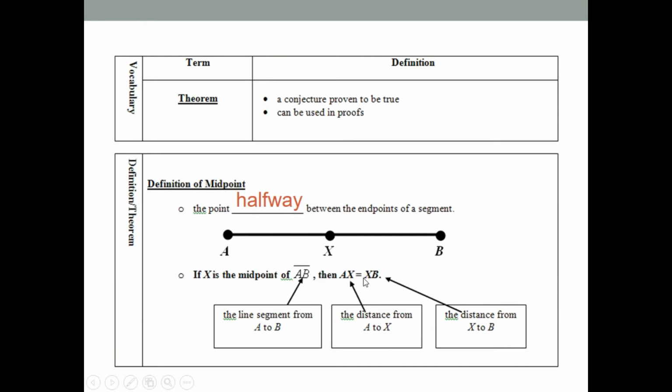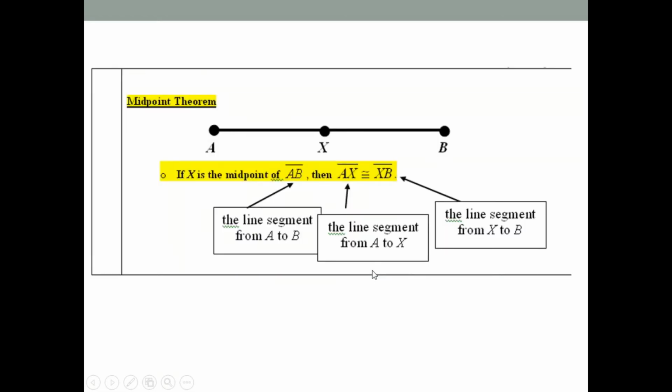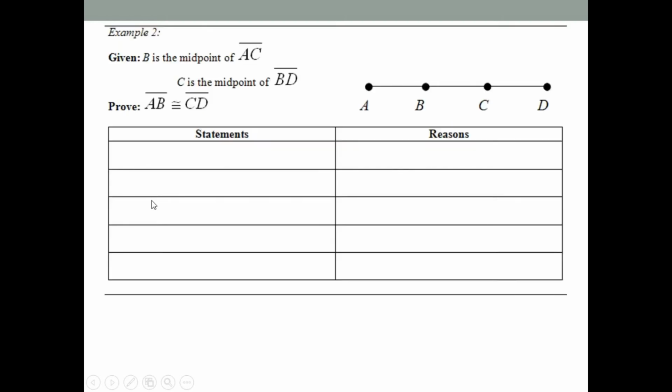So we use the definition of a midpoint to say that if we know this, we can make this conclusion. Or if we know that two halves of a segment are equal, we could use it to say that X must be the midpoint. So we can go both directions here with the midpoint. Okay, so an example of how that is used.